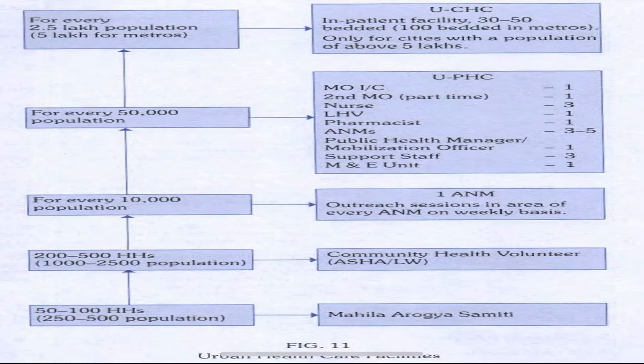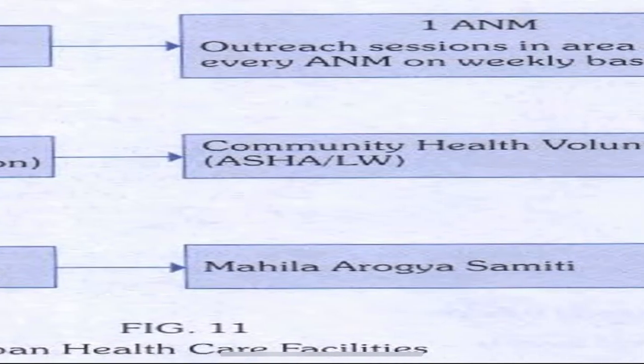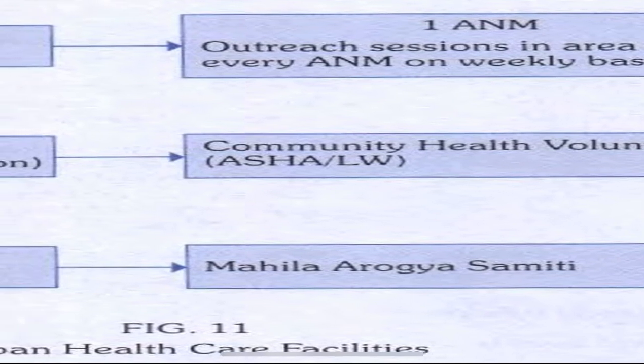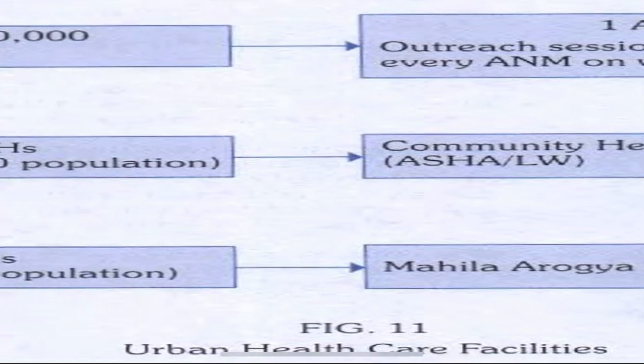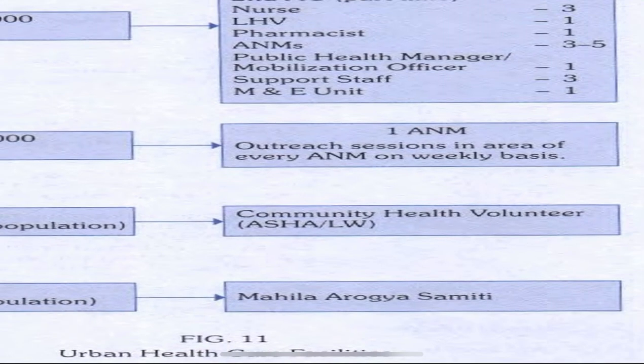So for every 50 to 100 households, that is 250 to 500 population, we have a Mahila Arogya Samiti. It is very important, so again I have repeated this figure wherein the urban healthcare facilities at each level are indicated.